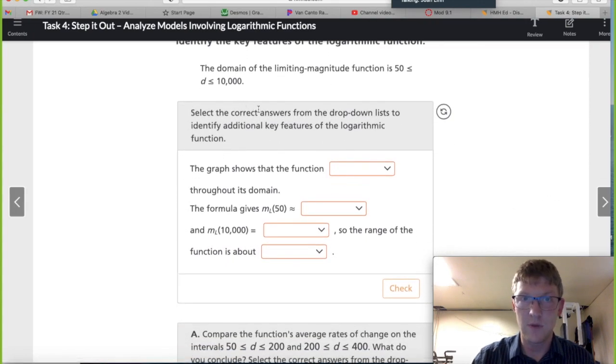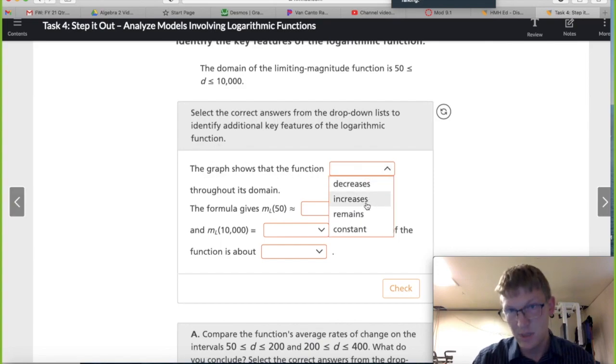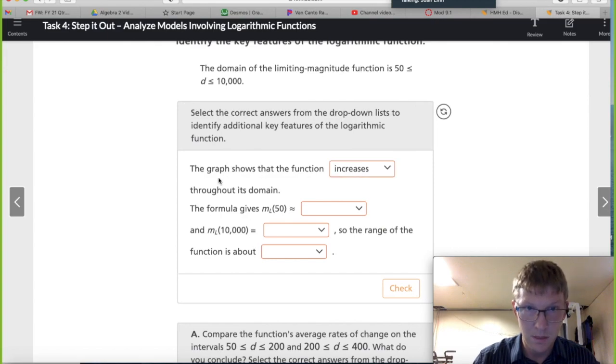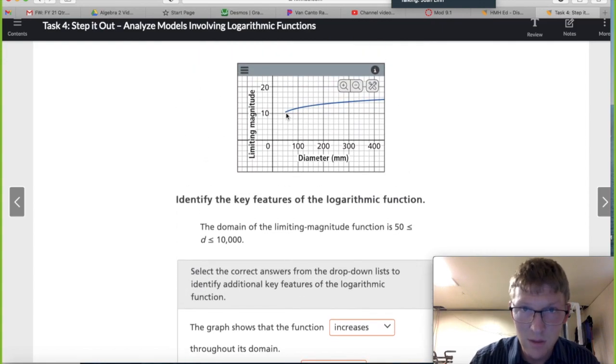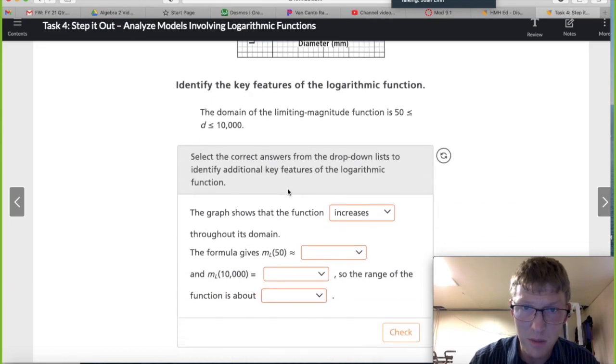So let's see if we got the correct answers. The graph shows that the function increases, okay, throughout its domain. The formula gives ML of 50 approximately, you can look at this, 10 point something, maybe 11, 10.5, we'll go for that.